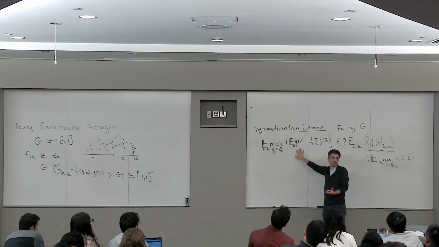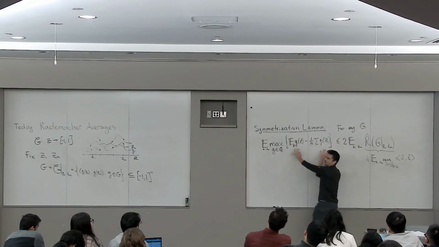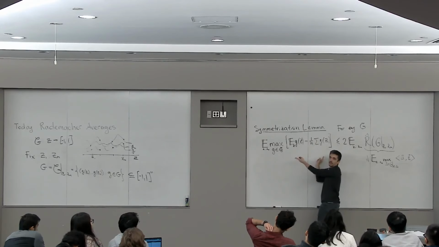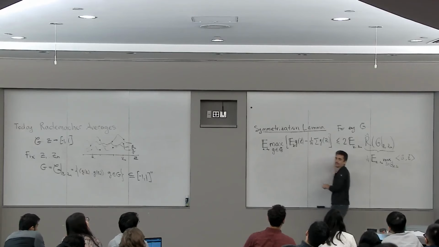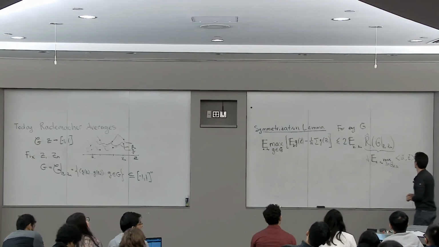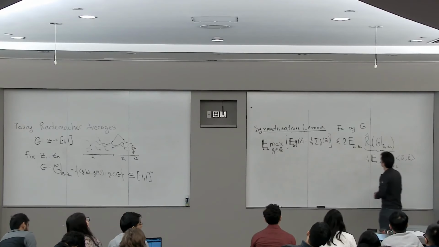But then it really doesn't matter which one it is. I can swap any of them, because they all have the same distribution. But when I swap them, I'm just changing the sign for that entry. And that exactly gives rise to the epsilons. Okay? You'll see from the proof.